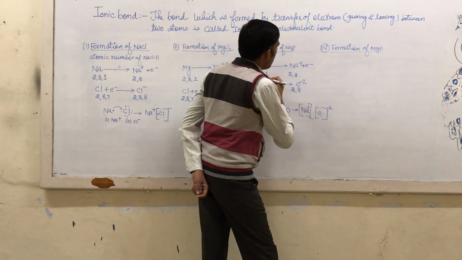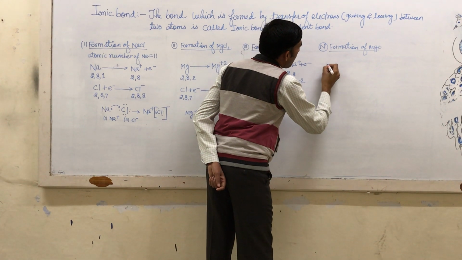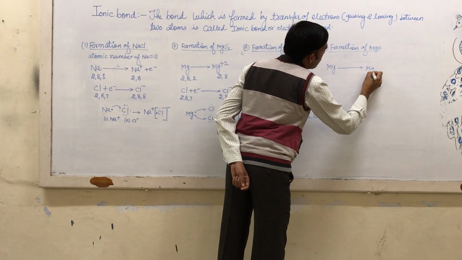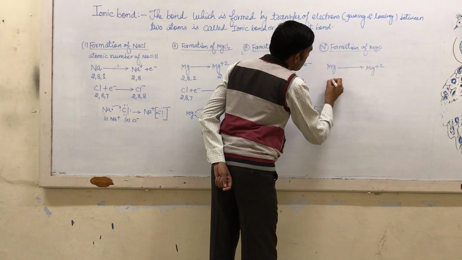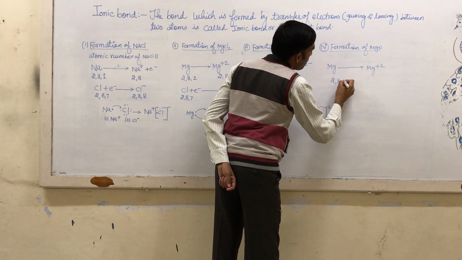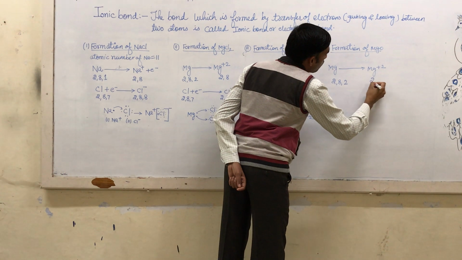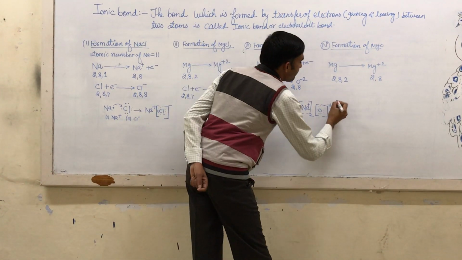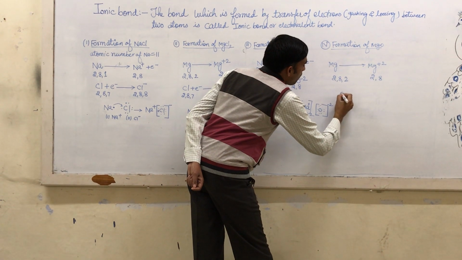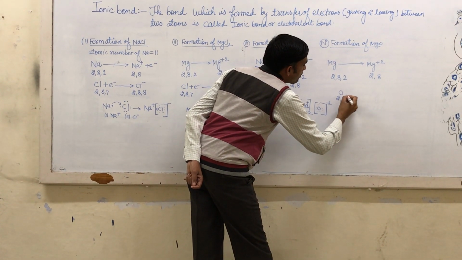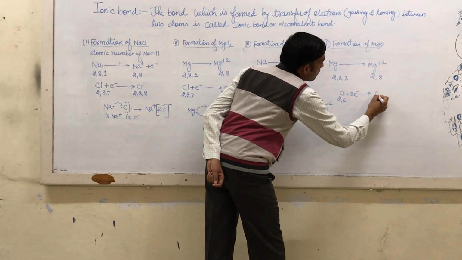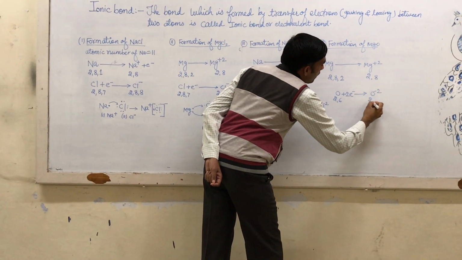First we will see the formation of the magnesium ion, Mg to Mg 2 plus, from 2, 8, 2 to 2, 8. Then formation of the oxide ion: oxygen 2, 6 plus 2 electrons gives the oxide ion 2 and 8.